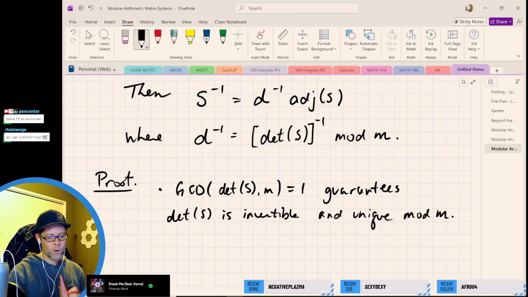Okay, so all that work we did with the linear congruences before we took our break, we're using that right here.